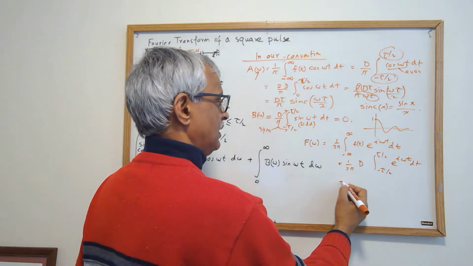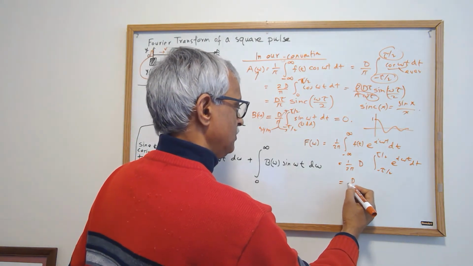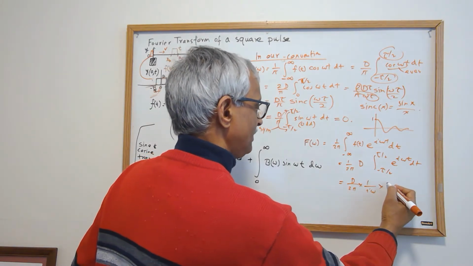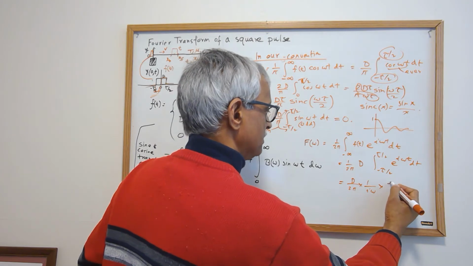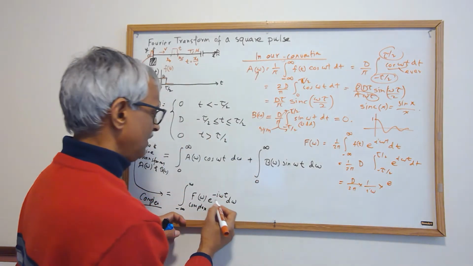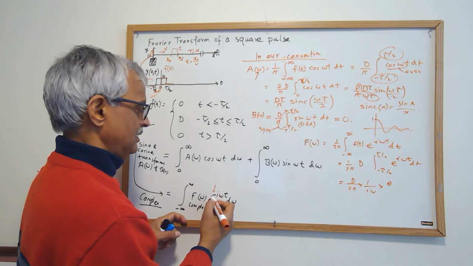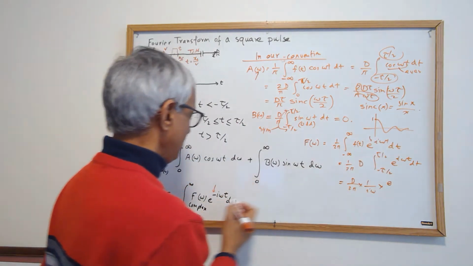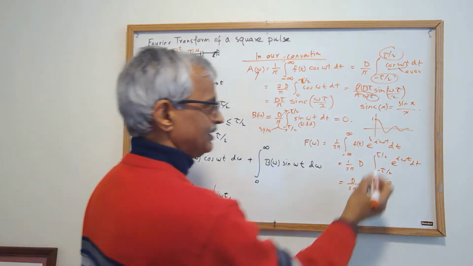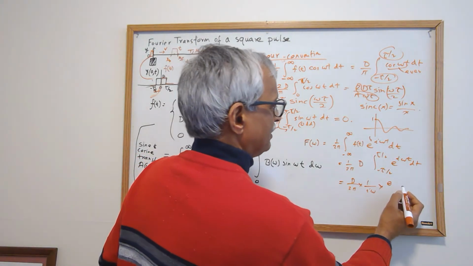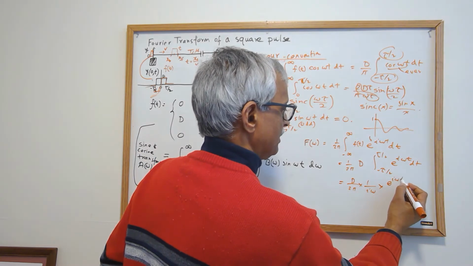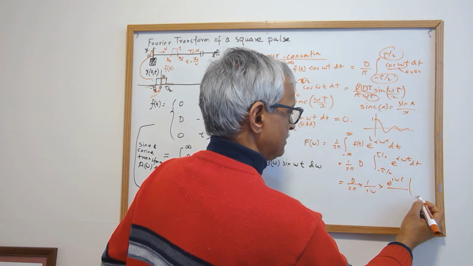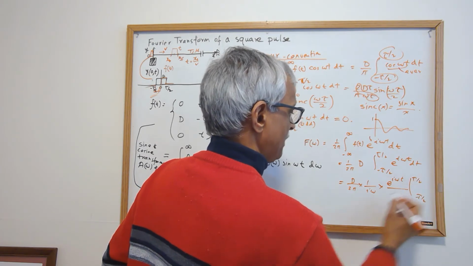And then it's just d over 2 pi times 1 over i omega times e to the power i omega t, evaluated from minus tau over 2 to tau over 2.